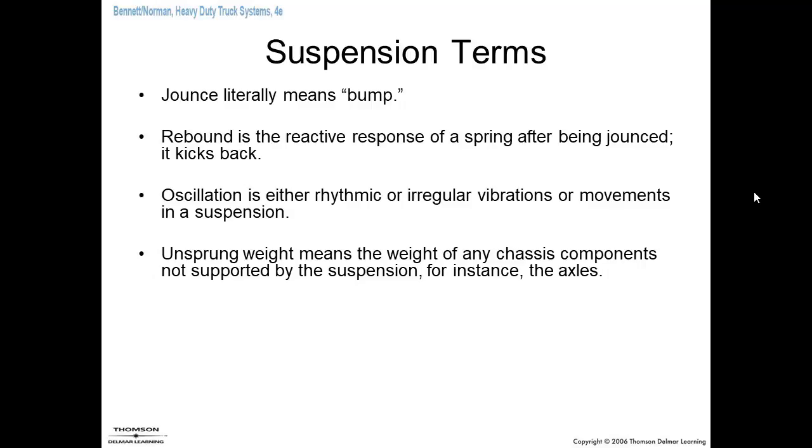Unsprung weight would be things like the wheels, the tires, the axles, and part of the suspension components, not supported by the suspension. That will become important when we start talking about some of the loads that are put into the suspension when we hit bumps. The unsprung weight will have a big difference in how much that suspension has to react when we hit that bump, for the lower the unsprung weight.